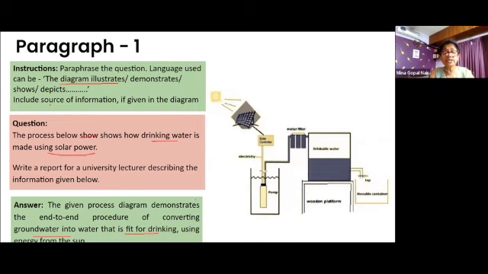So guys, you might not be able to find synonyms for every single word. In that case, you can also change the form of the word. Instead of just saying drinking water, what have I said? Fit for drinking. Not much of a change. The word drinking has been used as it is, but drinking water has been rephrased as fit for drinking.